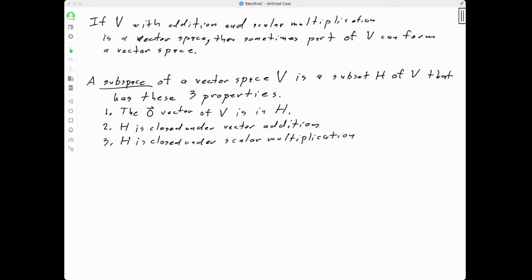So if V is a vector space, then I can look at just the set that contains just the zero vector. It is a subspace. It's a really boring subspace, but it is a subspace.